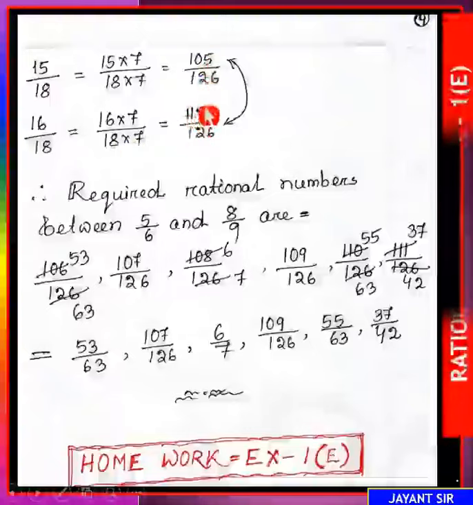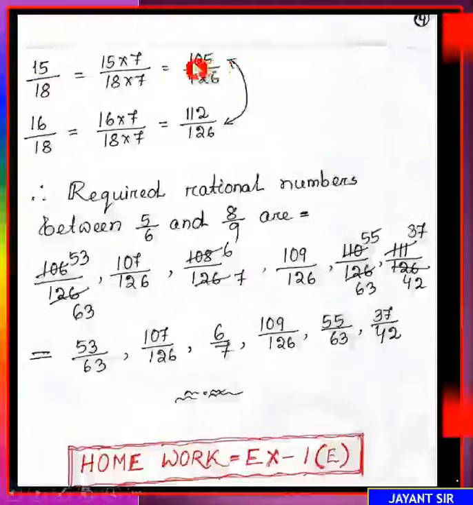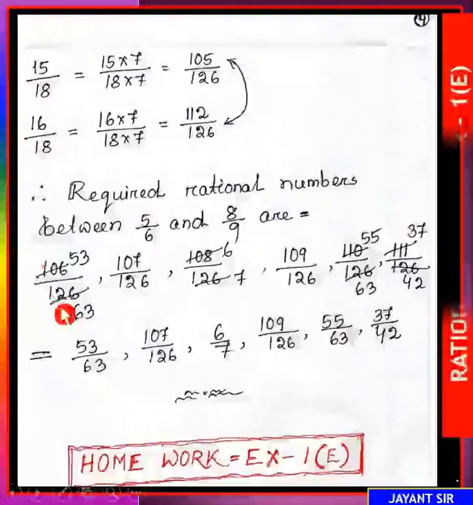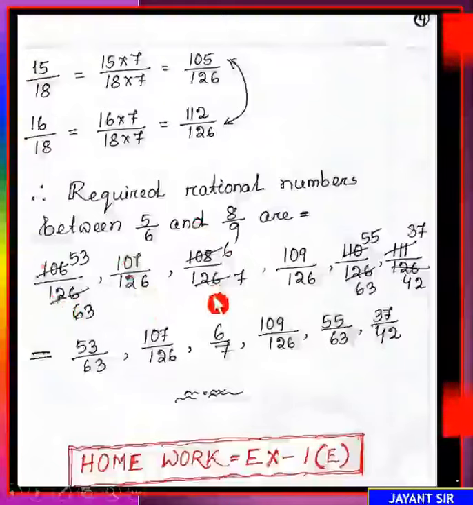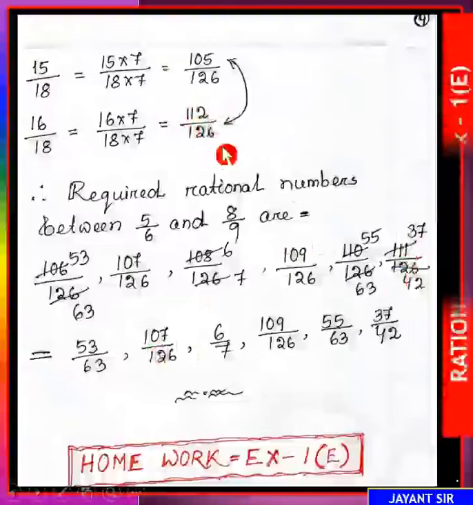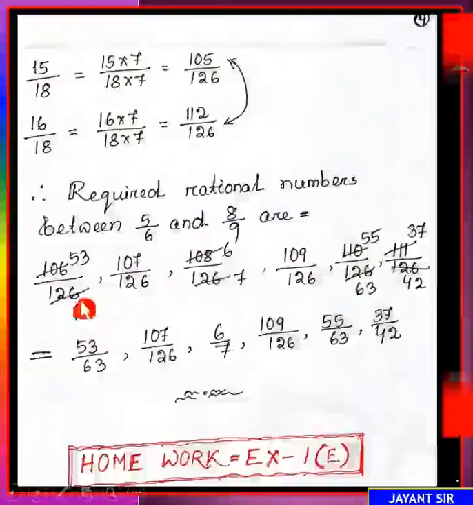So from 105 to 112, the denominators are the same. The numbers between them after 105 are 106, 107, 108, 109, 110, 111. So you can write 106 by 126, 107 by 126, 108 by 126, 109 by 126, 110 by 126, 111 by 126. Then after that comes 112 by 126.